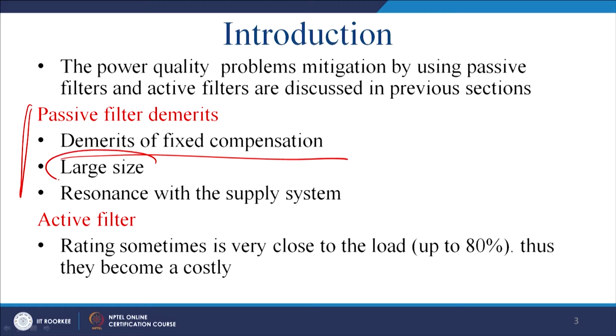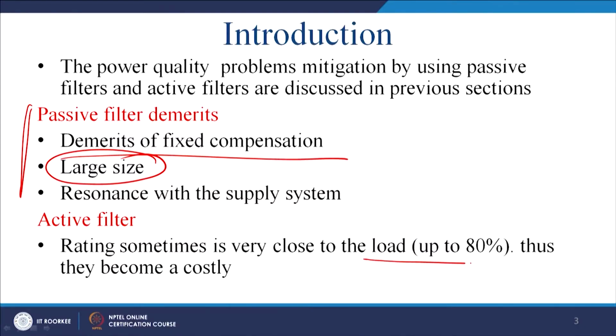Thereafter, the large and bulky size, mostly of the capacitor, and the high cost of the inductor, resonance with the power supply, and the adjustable speed drive can also put it into resonance. These are the many demerits that we have discussed, I do not want to repeat them, of the shunt passive filter.